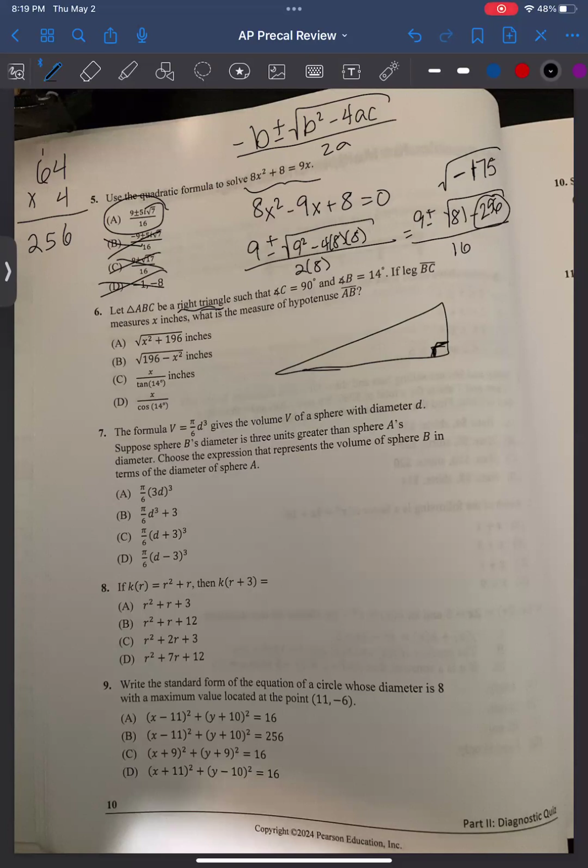If leg BC measures x inches, B is the bottom one, and then A is the top one, because the hypotenuse is AB. I guess it doesn't really matter, it just depends on the way you position the triangle.